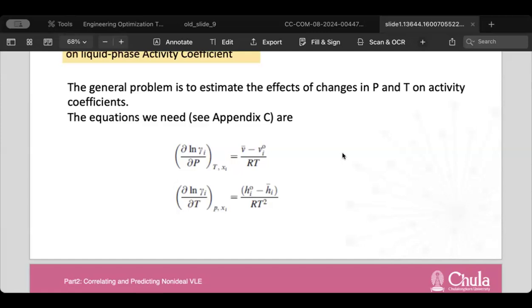And for the effects of temperature on gamma, it depends on the heat of mixing, okay? The enthalpy change, okay? When you mix A and B, how the enthalpy of each molecule change, okay? If it's large, of course, it has more sensitive to the temperature change, okay?